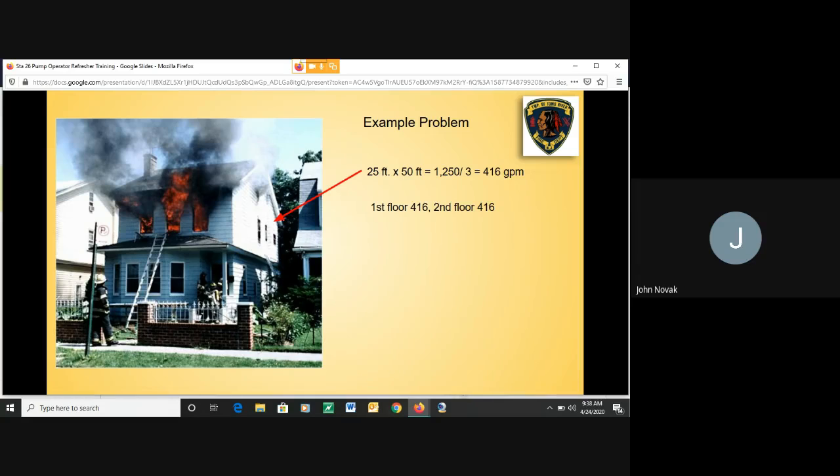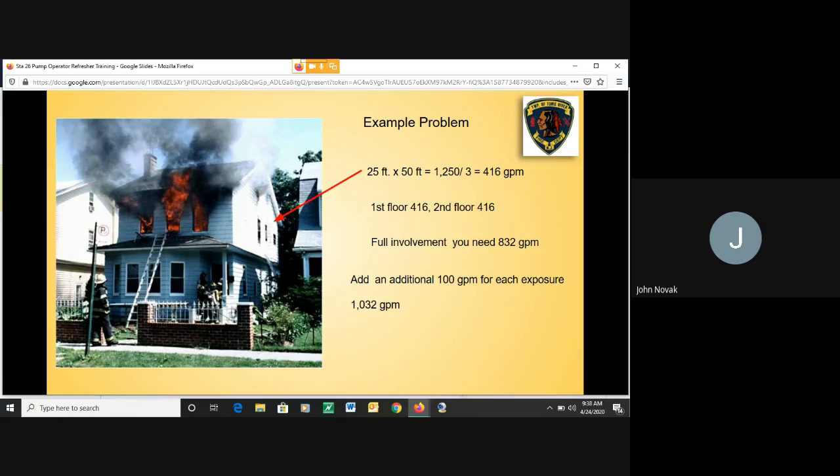So the first floor would be 416, second floor would be 416. Full involvement, you're looking at 800 gallons a minute. And again, this is just a guideline, all right? Nothing set in stone. Then we would need to add water for the exposures. So as an incident commander, you'd be looking at possibly needing 1,000 GPM.